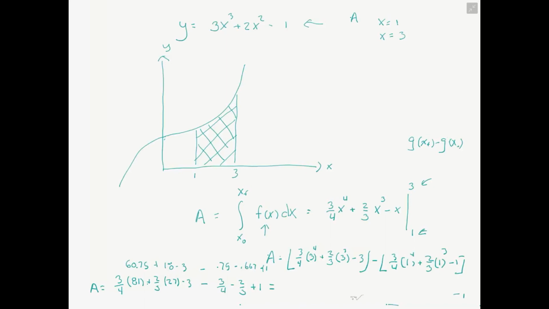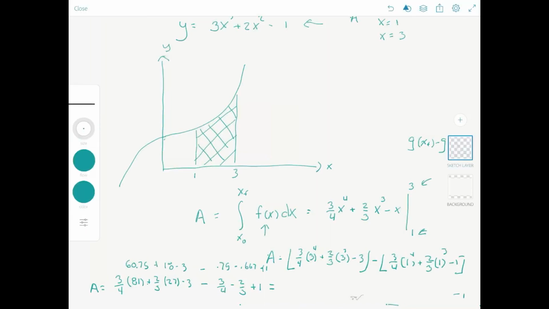And that turns out to be, let's clear this and add it, 60.75 plus 18 minus 3 minus 0.75 minus 0.66667 plus 1.